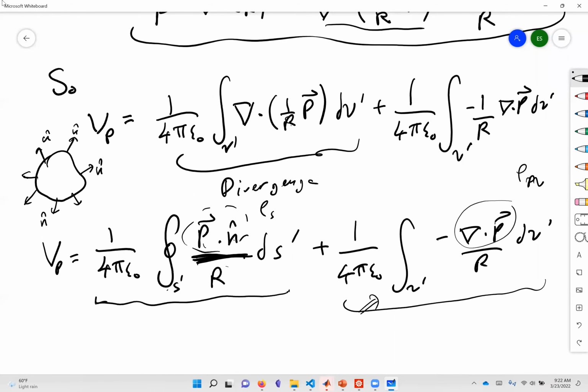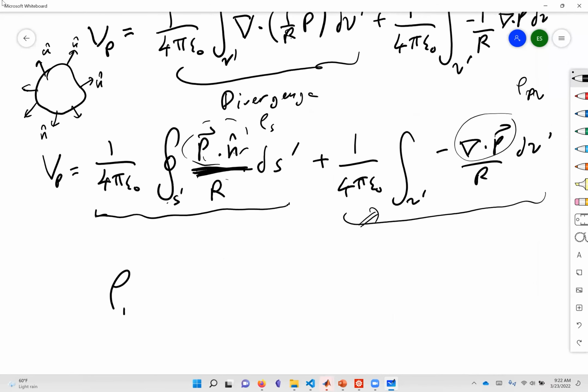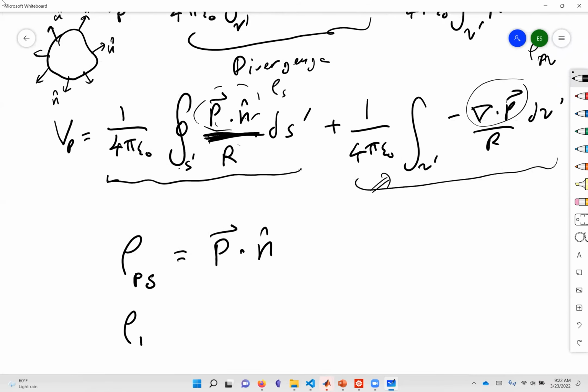So this tells me that the corresponding charge density due to polarization at the boundary is actually P dot n hat, and the volume charge distribution due to polarization at every point in space is minus divergence of P.